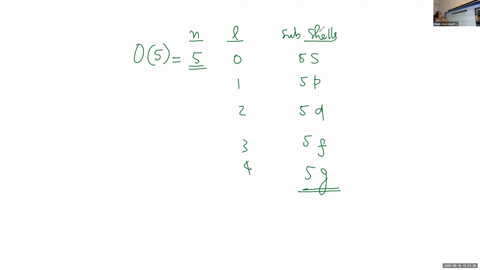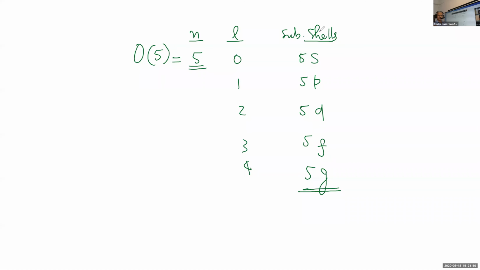So we are getting the same idea as we have already studied. The secondary quantum number, azimuthal quantum number, or subsidiary quantum number l can have n values, starting from 0, ending with n minus 1.